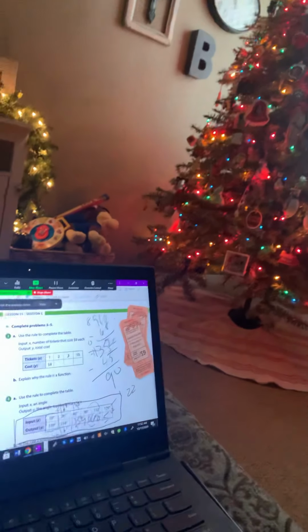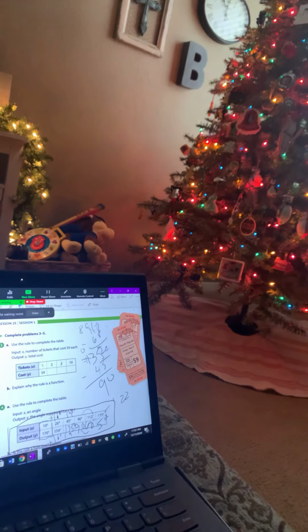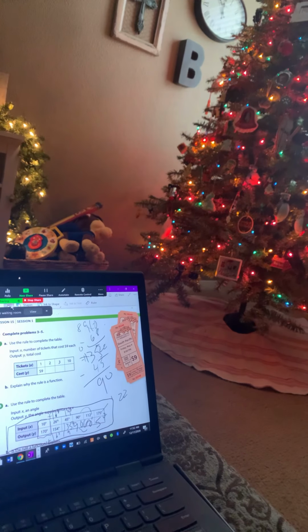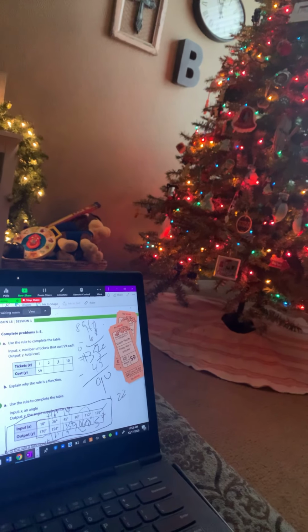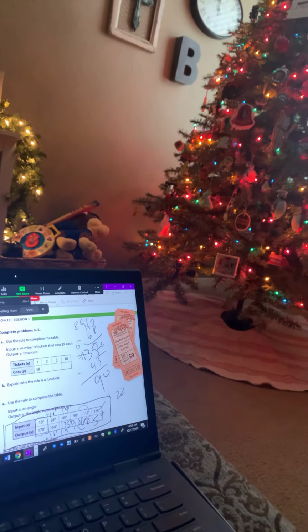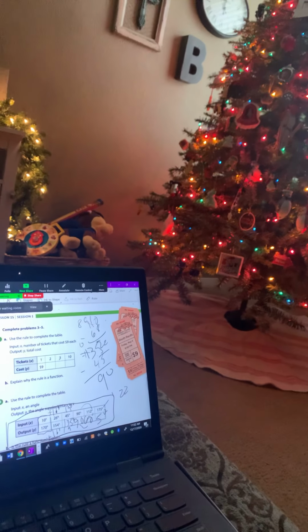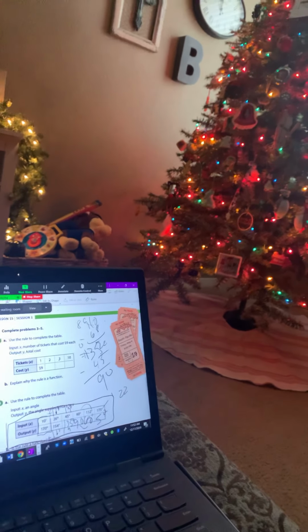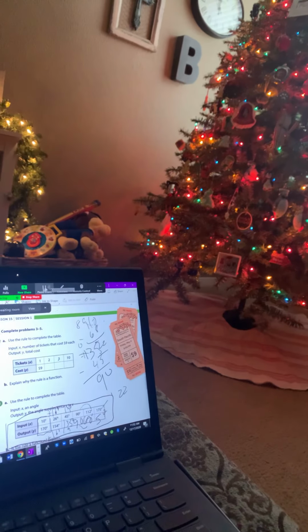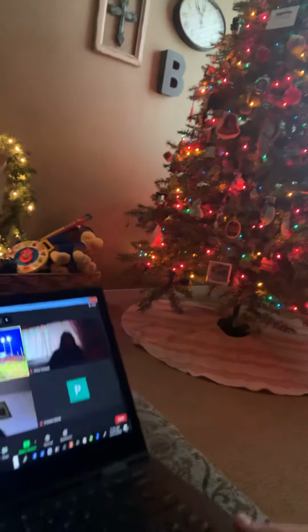So while you guys are working on your independent work, I have a Padlet for you to fill out. So give me 1 second. I'm going to switch back computers. All right.